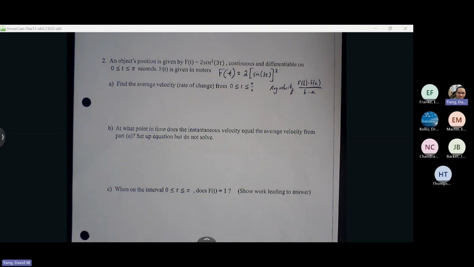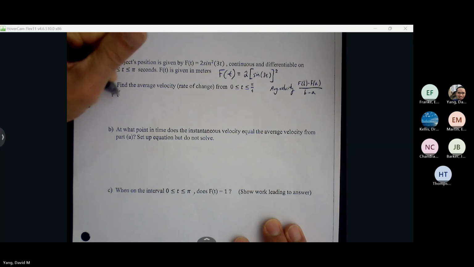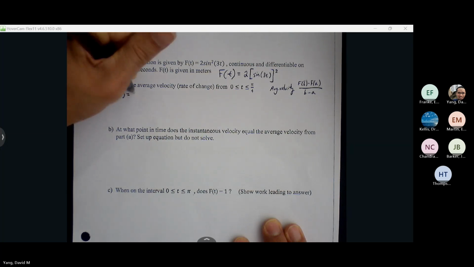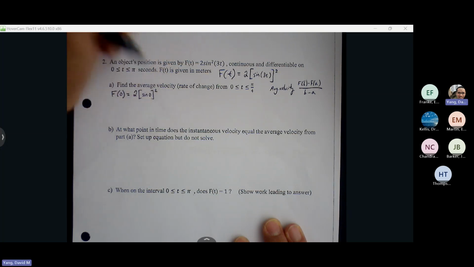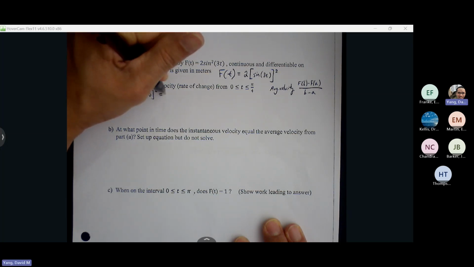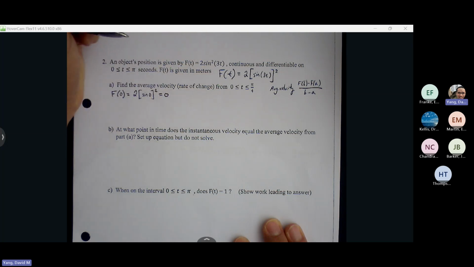So let's find f of 0 and f of pi over 4. Sine of 0 is 0, 0 squared is 0, 0 times 0 is 0 times 2 is still 0.